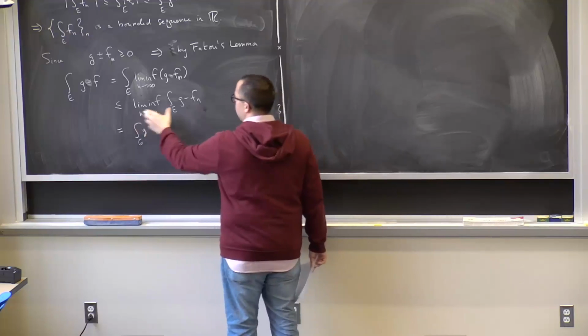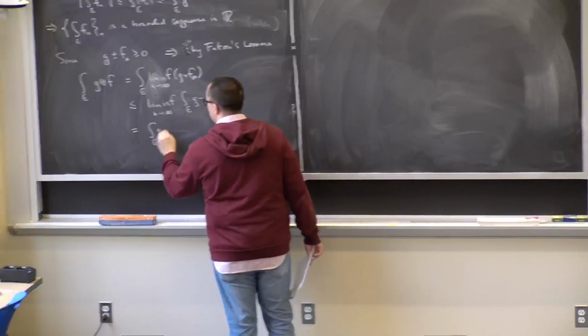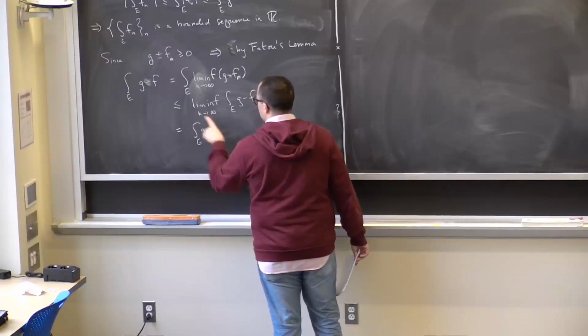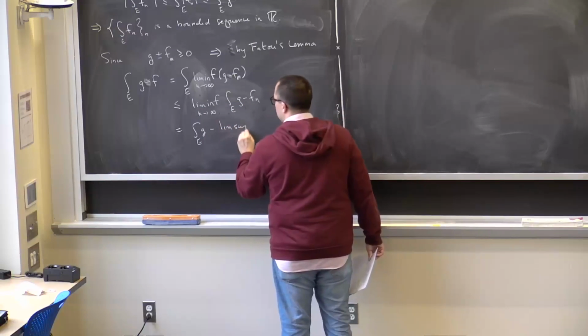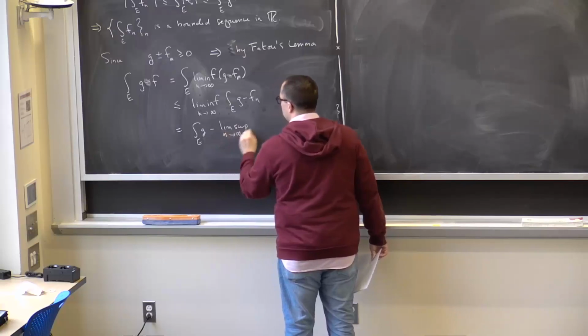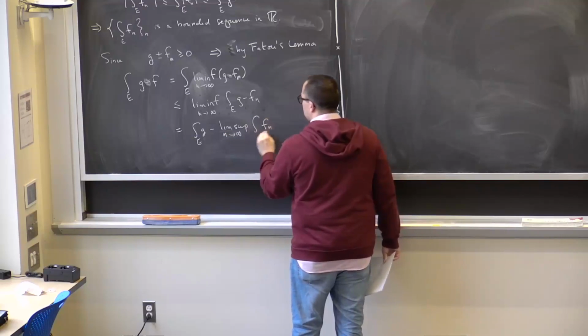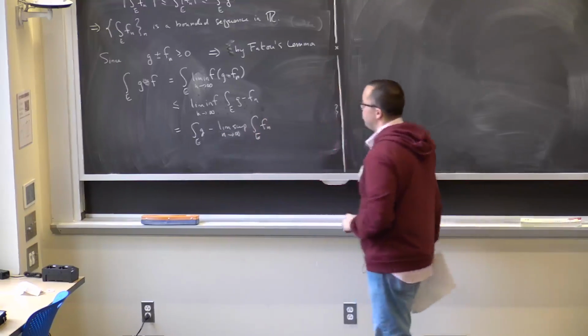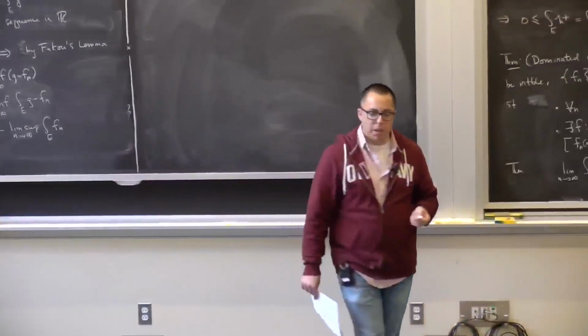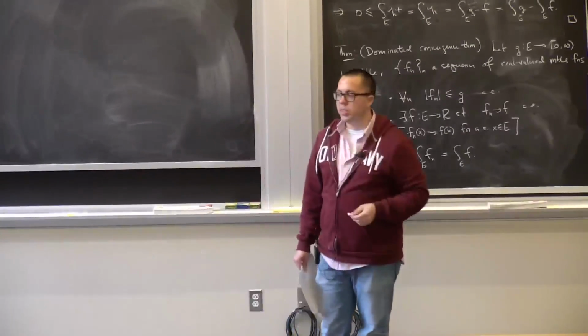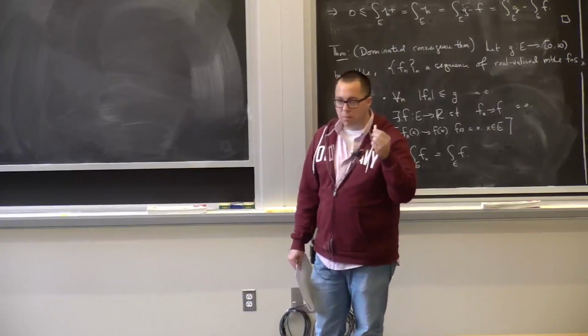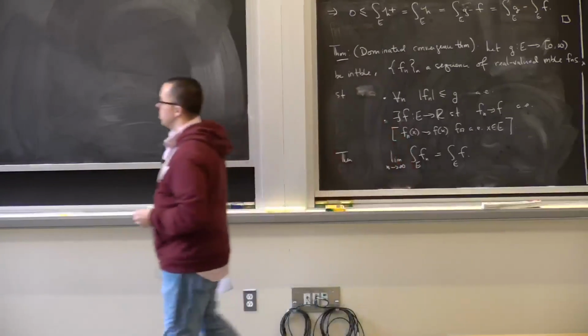When I take the lim inf of that and carry it through, when it hits a minus, it turns into a lim sup. Okay? So whenever I have a bounded sequence of numbers, the lim inf of minus that sequence of numbers equals minus the lim sup of that sequence of numbers.